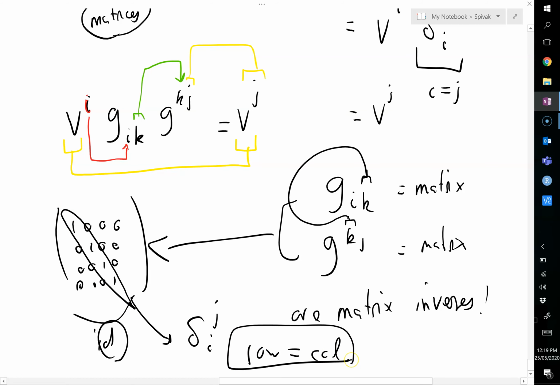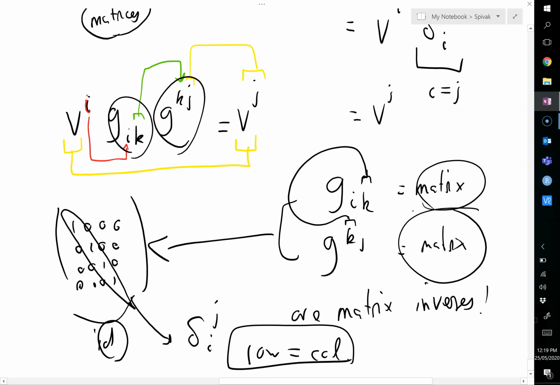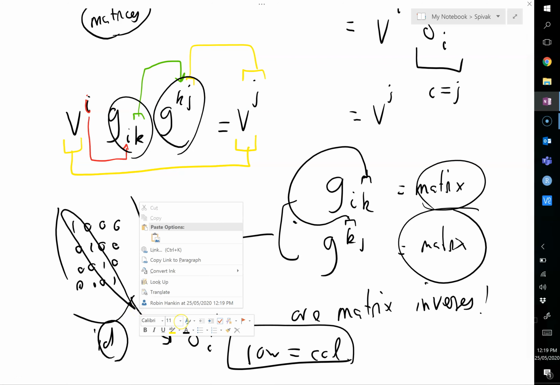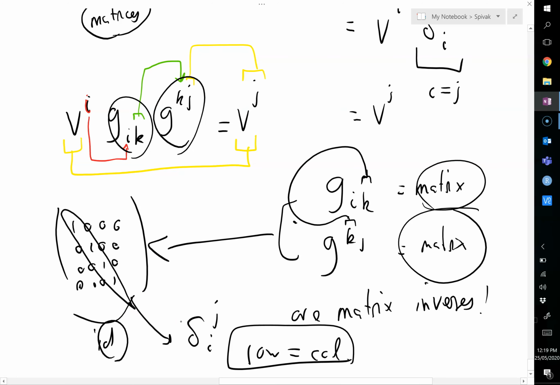So everything's checking out here. The operations of lowering and raising are inverses to one another, and the corresponding linear operators, the corresponding matrices, are matrix inverses of one another. They're matrix inverses of one another because when you multiply them out, you get the identity matrix, which corresponds to doing nothing. Isn't that wonderful? Stop there.